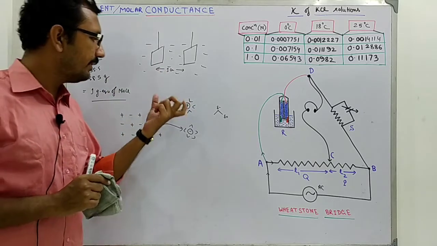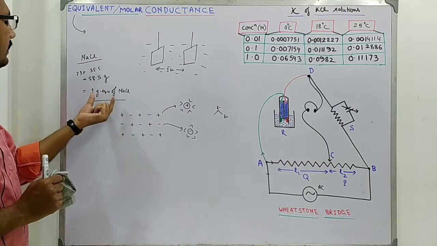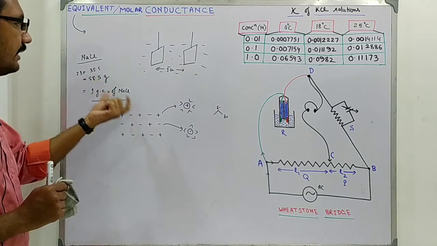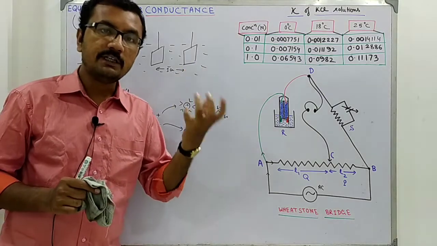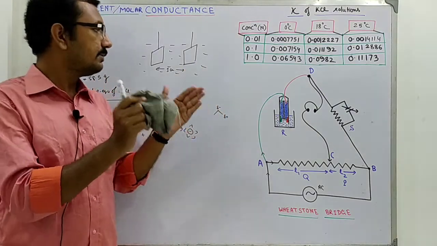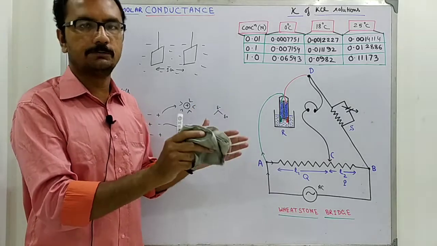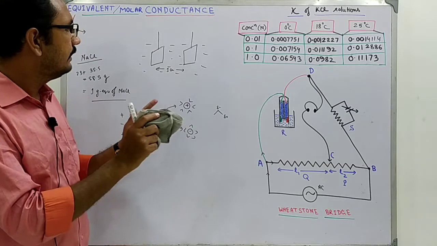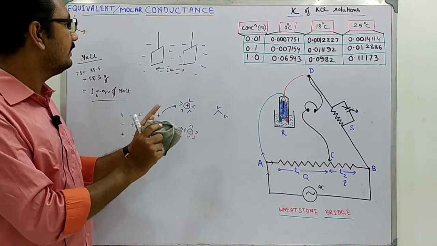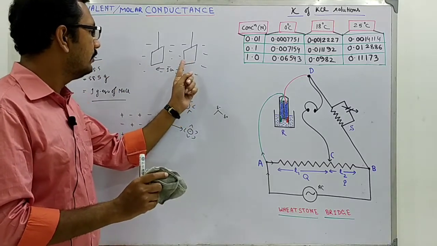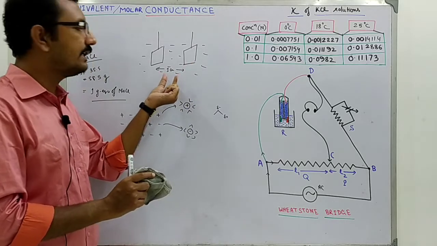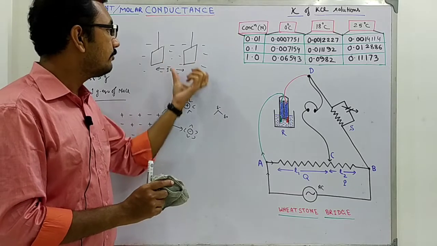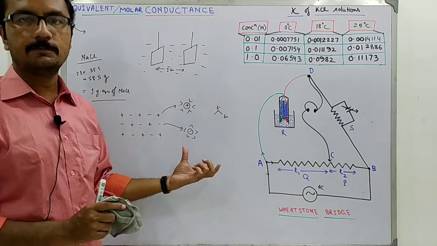Now, if you have to make a dilute or moderate aqueous solution of 58.5 gram of NaCl, that will demand a substantial amount of volume. Now, to place that volume of solution between two electrodes which are placed 1 centimeter apart, it will require electrodes of enormous size.